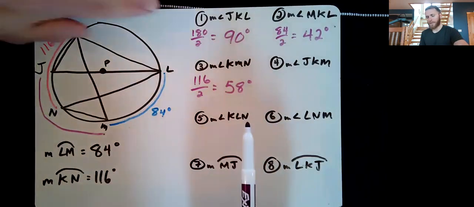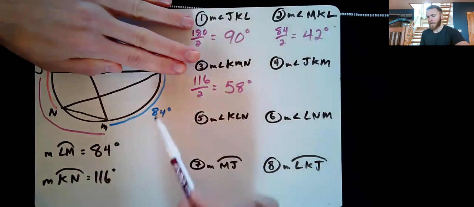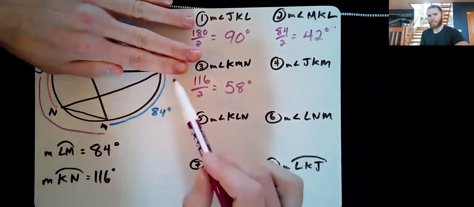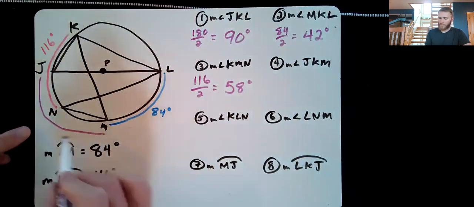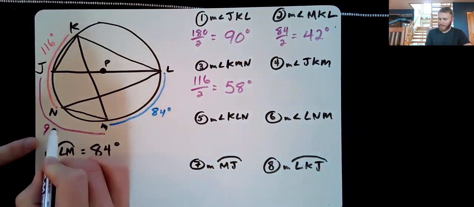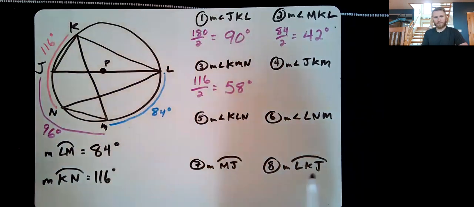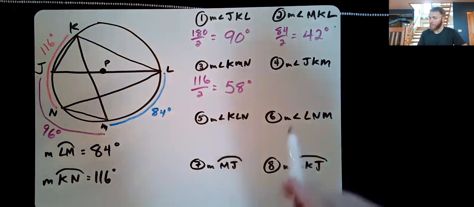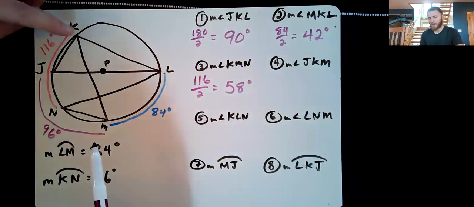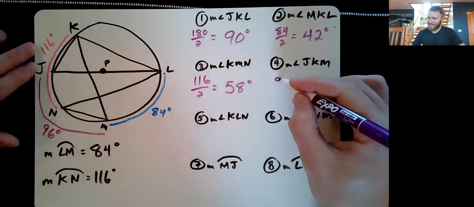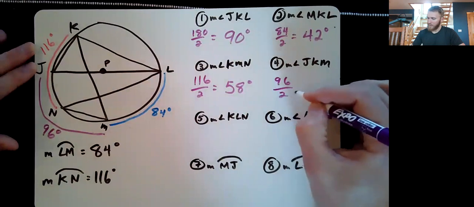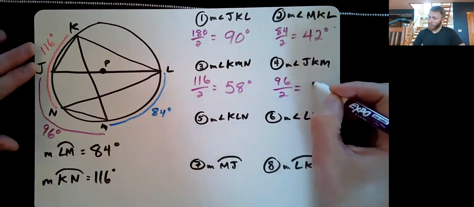If I ignore the top half of my circle for a second, I know that these two together need to make 180 degrees. So this arc has to be 96 degrees. That helps me because JKM is an inscribed angle that intercepts that arc of 96. So 96 divided by 2 gets me 48 degrees.